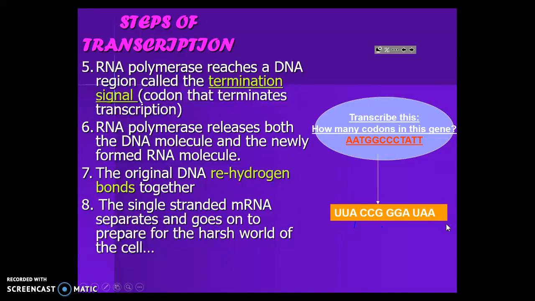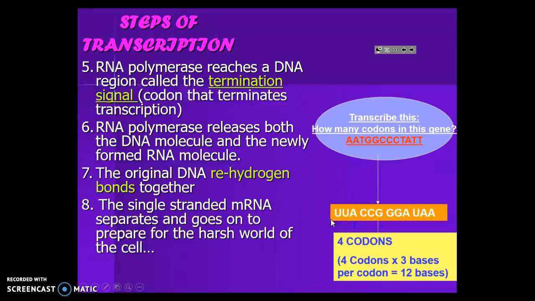Now we can see that this molecule in red was the DNA, and this molecule in white is the mRNA molecule. When examining this mRNA molecule, we can break the code up into codons. That would simply be done by taking 3 nucleotides at a time and separating them just like so.